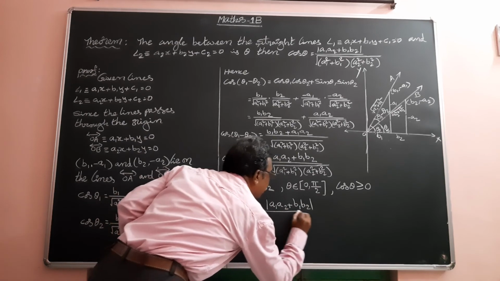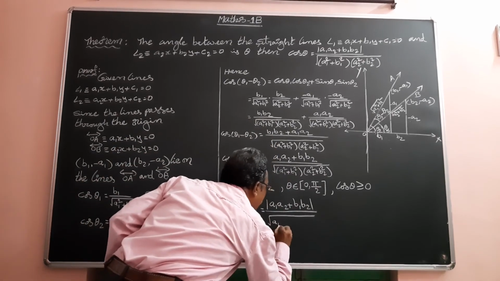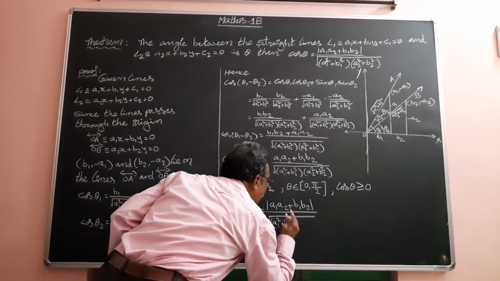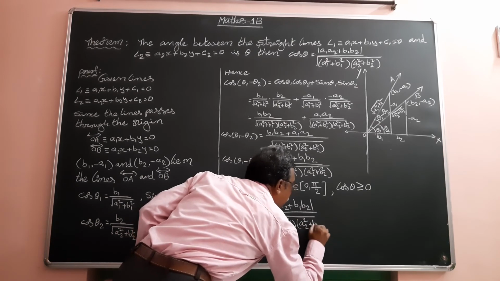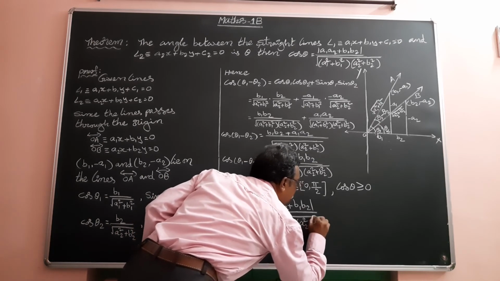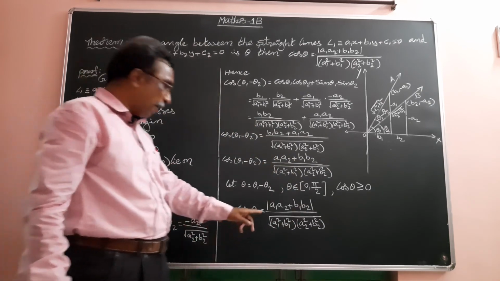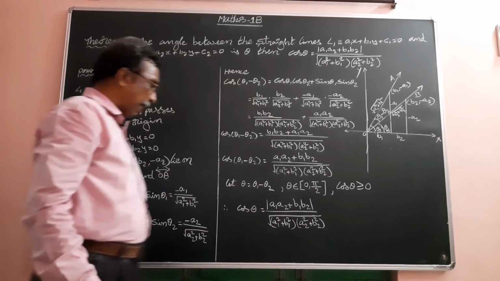by root of a1 square plus b1 square into a2 square plus b2 square.